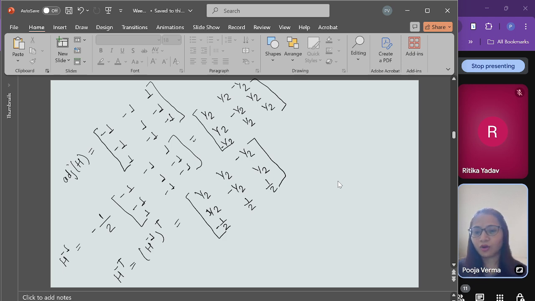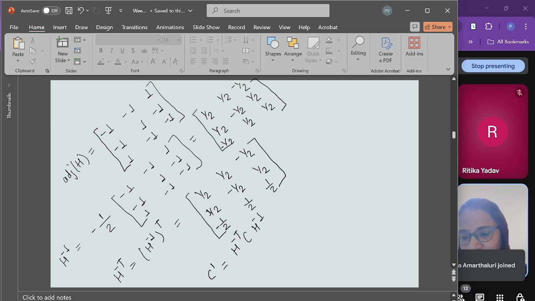So now we have found H inverse and H of minus transpose. To find the transformed conic, we already know the formula is H of minus transpose, times C, times H inverse. Now if you multiply these three matrices, what will you get?